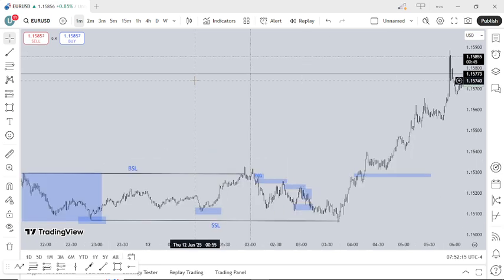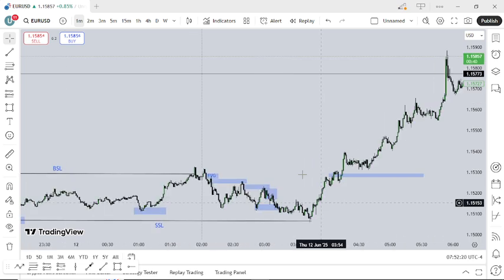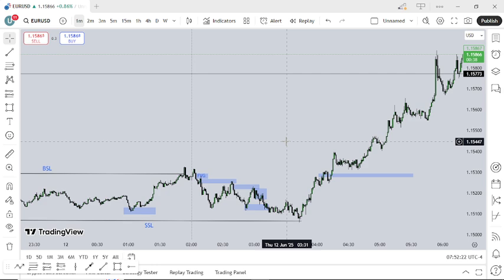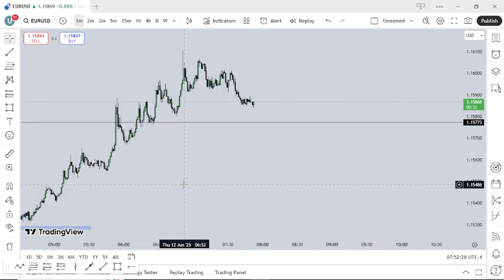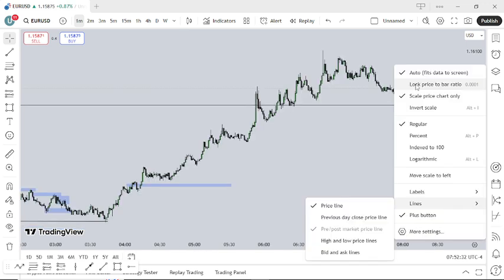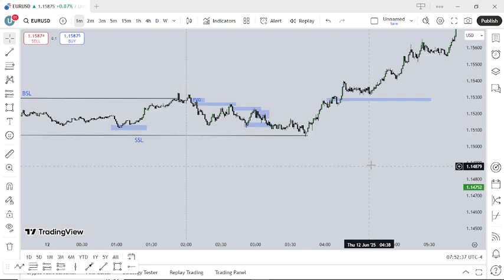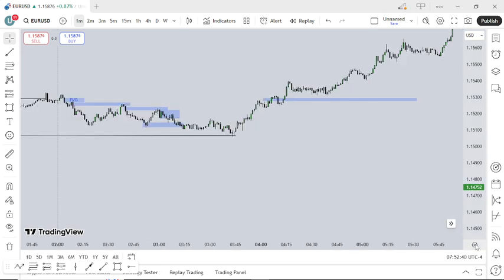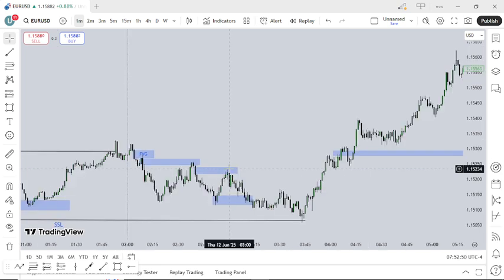So remember from this point again, let me take off all these points so that this chart will not look messy, so that we can understand better.